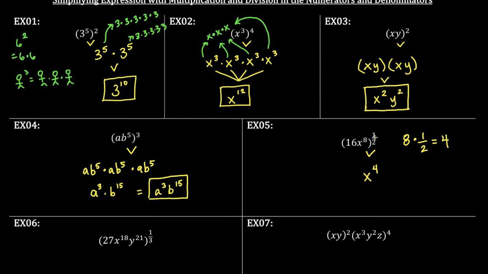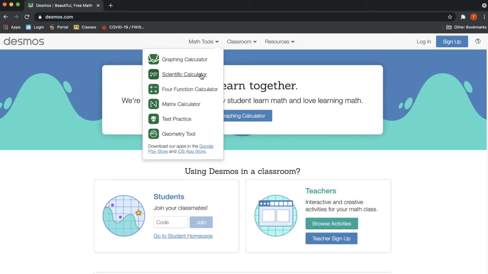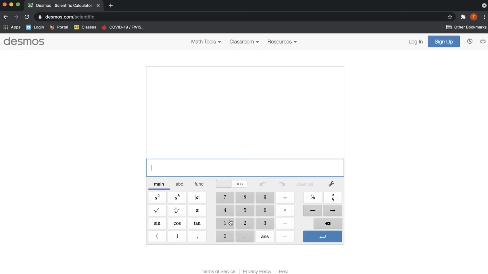16 to the half. Well, let's check Desmos. So let's do 16 to the half power. And you get 4. These ones you might just have to do.